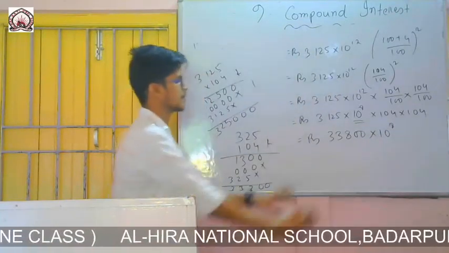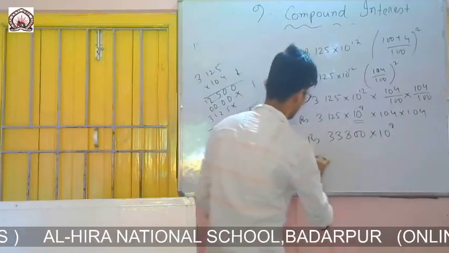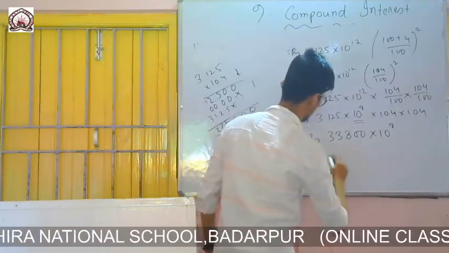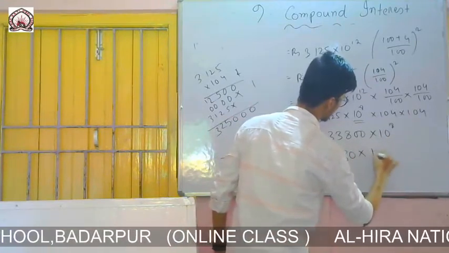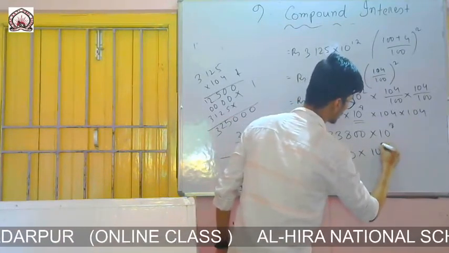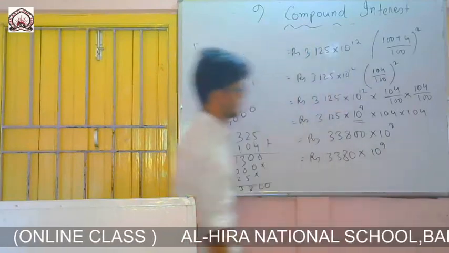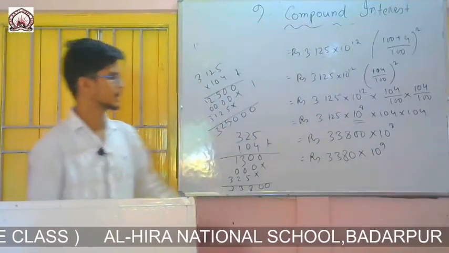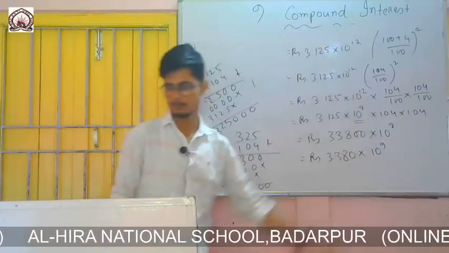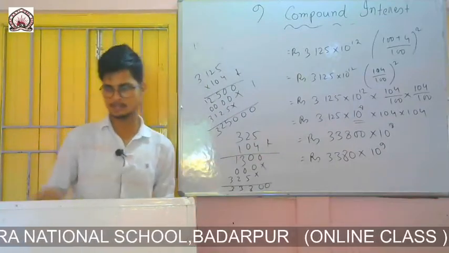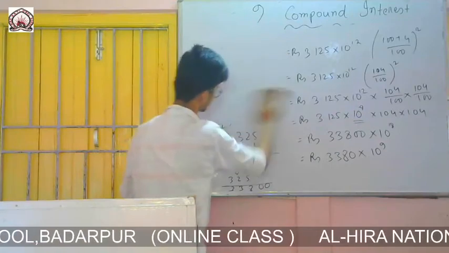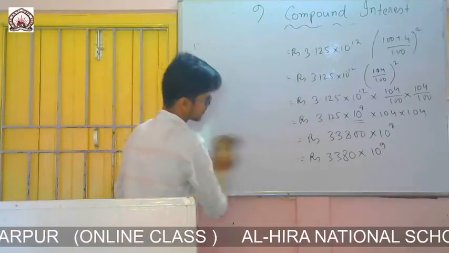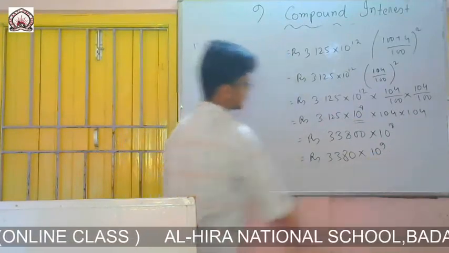So we can keep our answer up to here, or you can just remove 1 zero. It will be 3380 into, if I remove 1 zero, then it will be added here, so it will be 10 to the power 9. So 33800 into 10 to the power 8, or you can write 3380 into 10 to the power 9. So this is the value.